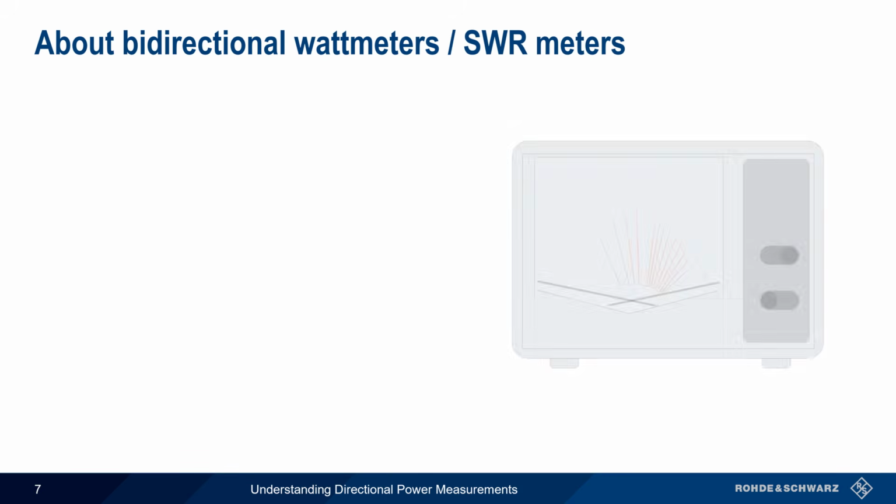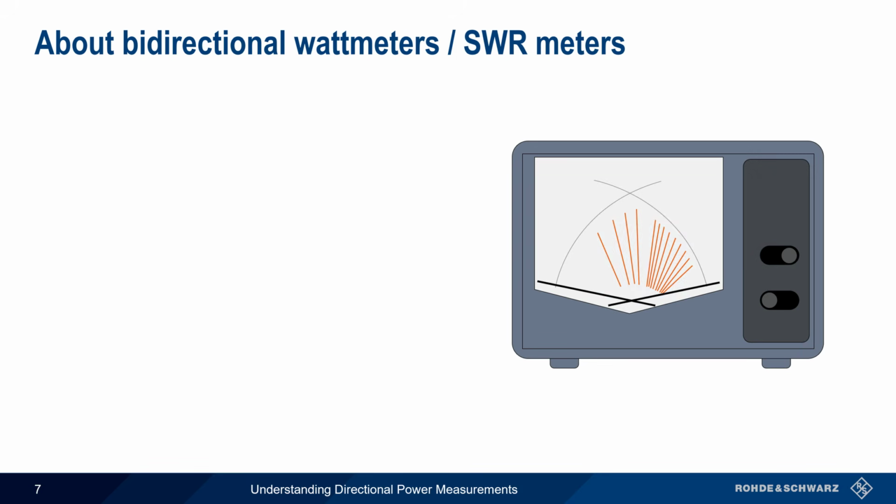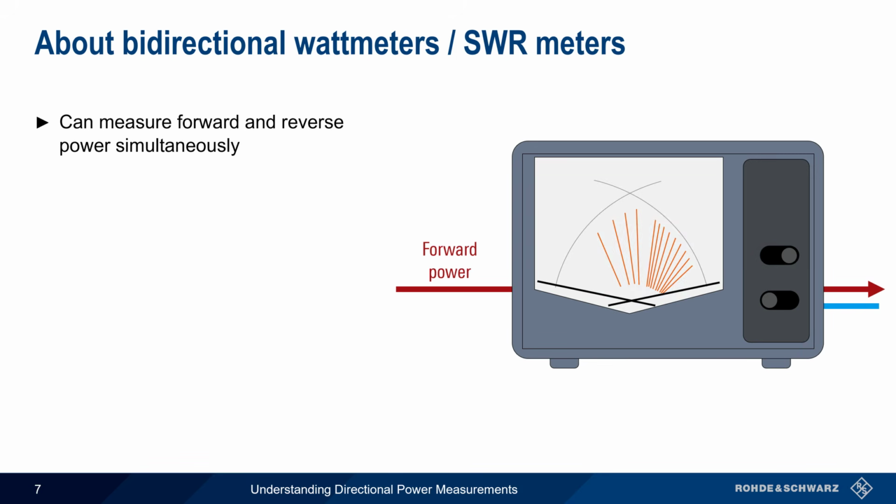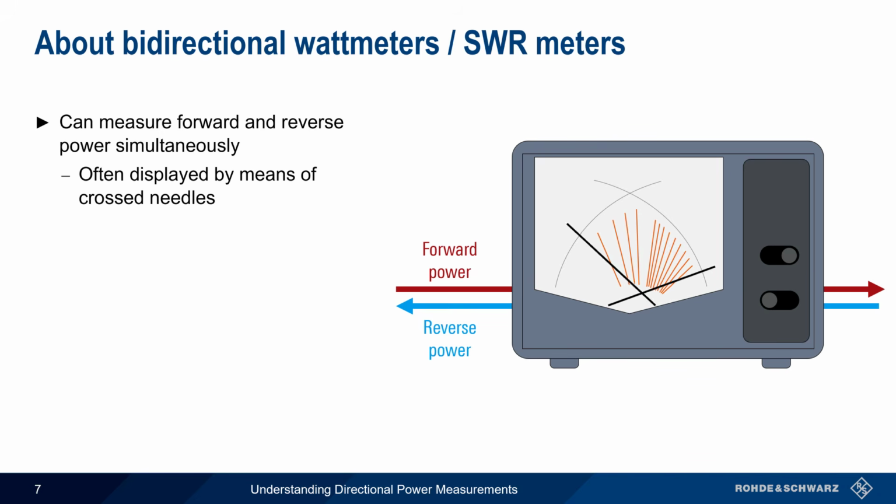A different type of wattmeter is the bidirectional wattmeter, which can measure both forward and reverse power simultaneously. These powers are often displayed in the form of crossed needles, one showing forward power and one showing reverse power.